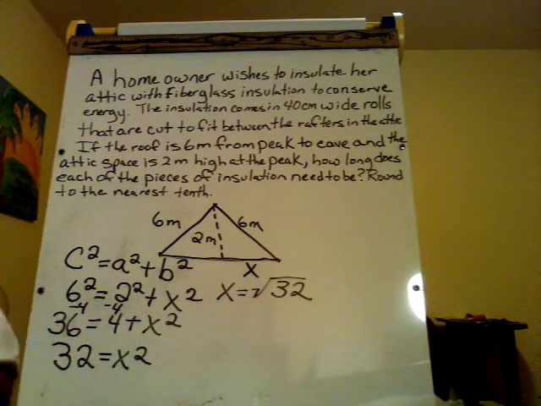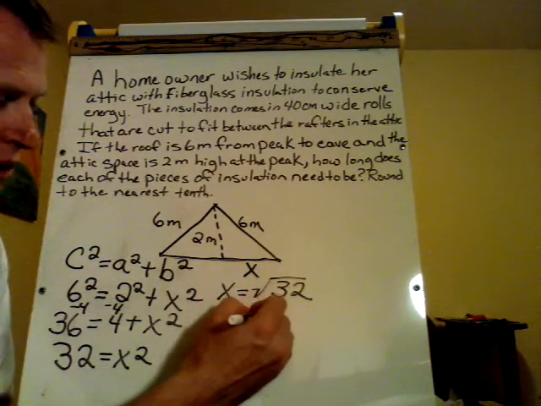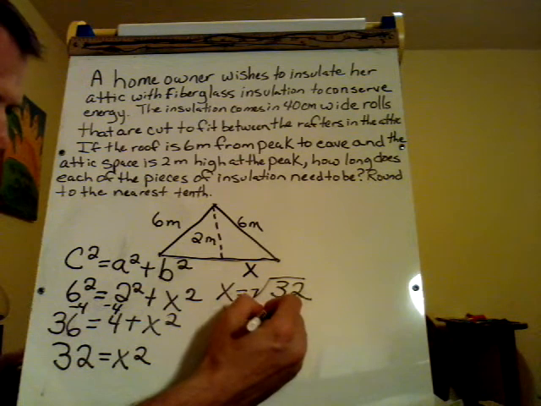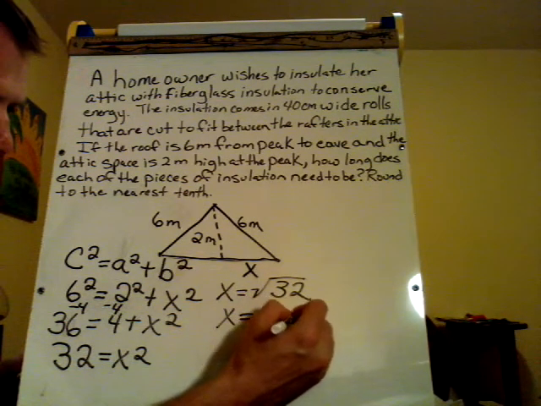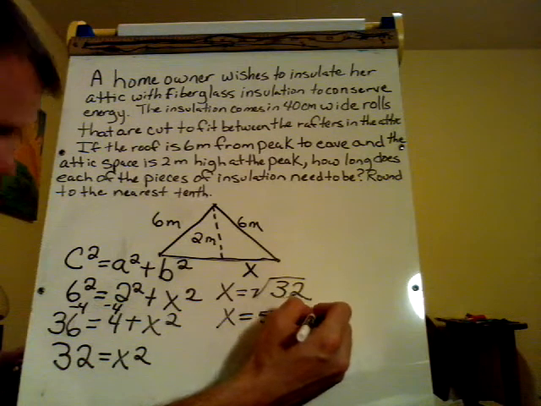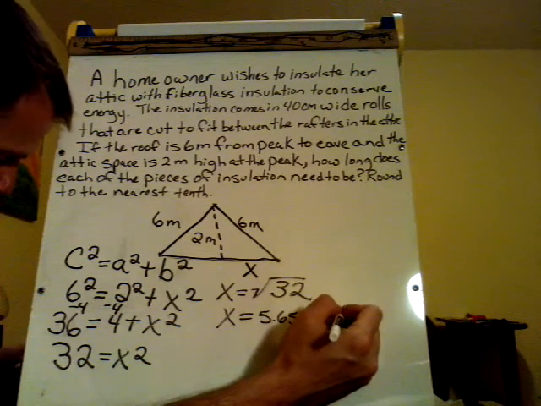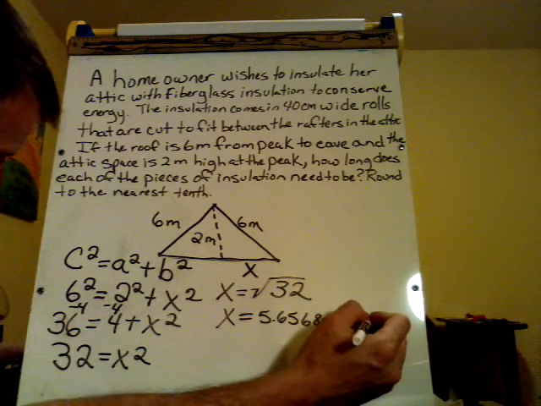If we square root 32, we will get a long irrational number, which would be 5.65845.